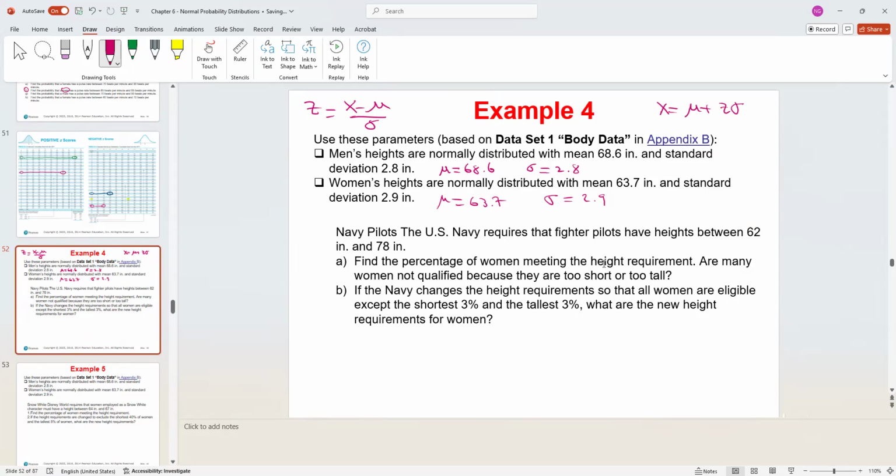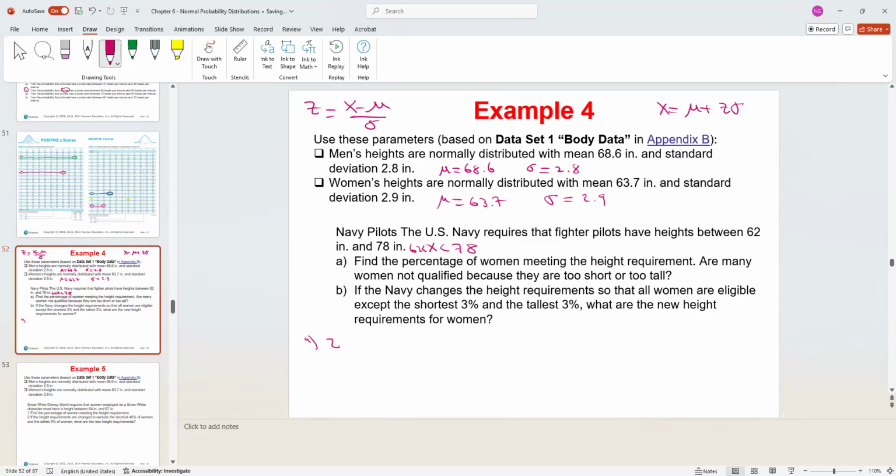Now, Navy pilots: the US Navy requires that fighter pilots have height between these two numbers. That means X is between 62 and 78. So first of all, you have two Z's to convert.